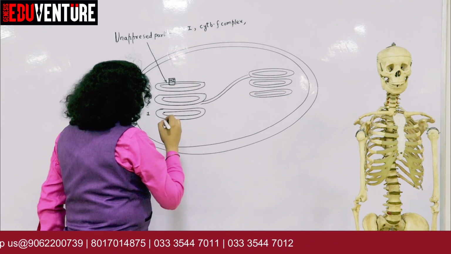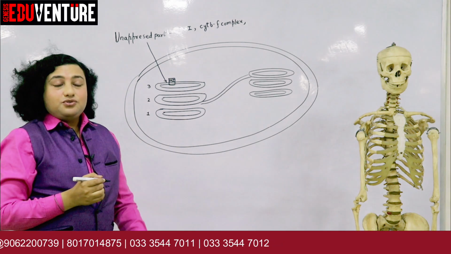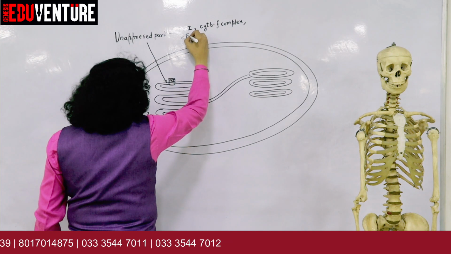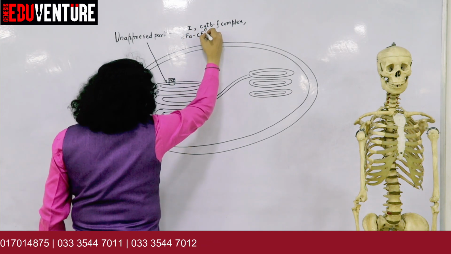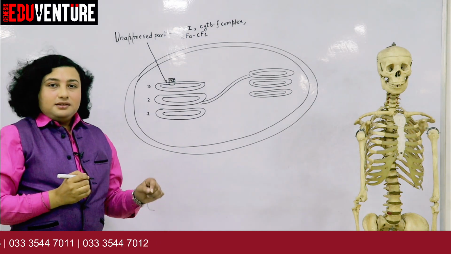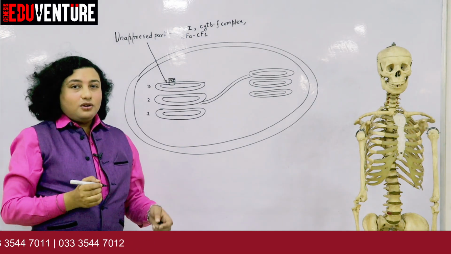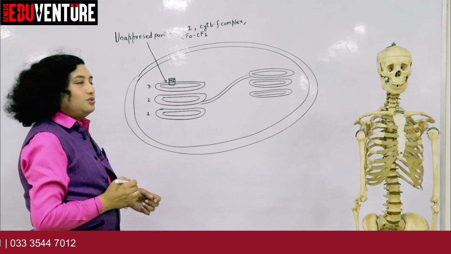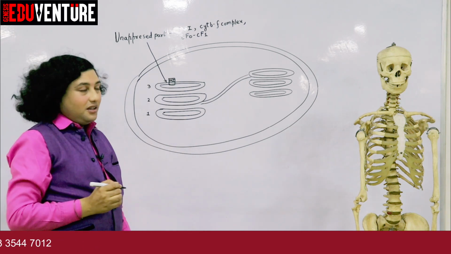And there is another complex which is responsible for ATP synthesis, that is the CF1 complex. Yes, this is also known as ATP synthetase. We can also call it ATP synthase because the main function of this complex is to synthesize ATP.